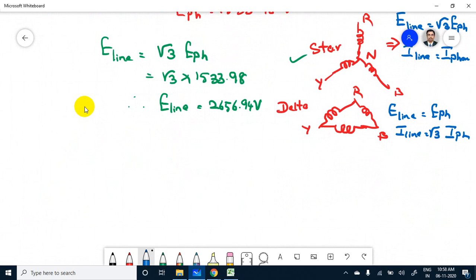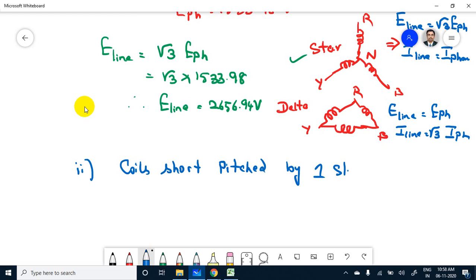And the second subdivision will be EMF induced when the coils are short pitched by one slot. In the previous problem I told, if the coils are short pitched by one slot, what is the condition? Alpha equal to beta. How much is your beta value?